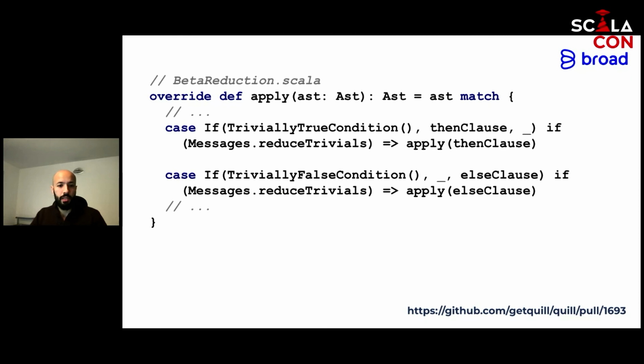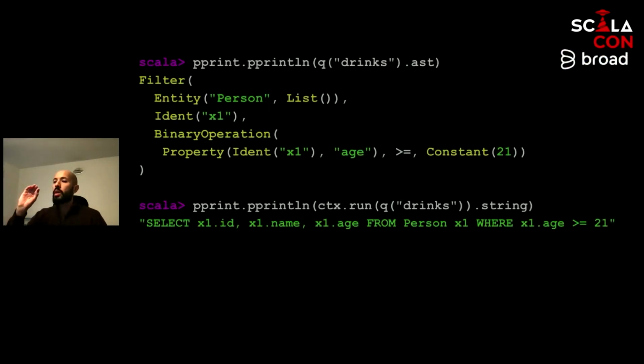For the record, this is kind of experimental. As you can see here, messages dot reduce trivials means that you have to actively pass a flag to Quill in order to activate this functionality. Okay, if we go back to our code right here, we have that execution with the pretty print and the AST of drinks.